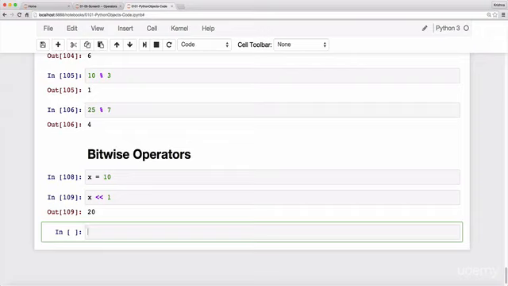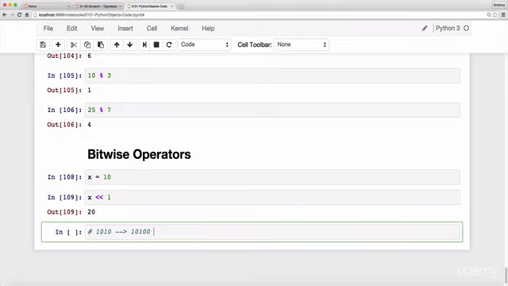Let us see why we got 20. The binary representation of x is 1010. When you left shift by 1, it becomes 10100.